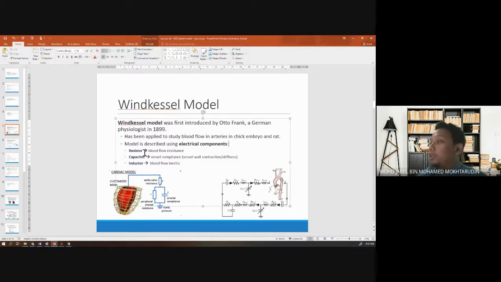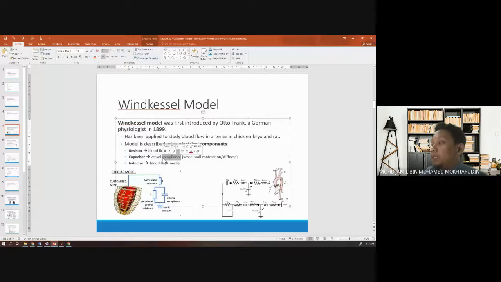Okay. So for example, we can use a resistor to represent blood flow resistance. You can imagine a resistor as an obstacle for blood flow. So when blood flows through a blood vessel, there might be some blockage, or maybe the blood vessel is narrow. So the narrowness can be represented by a resistor, okay, resistance. And a capacitor represents the vessel compliance.